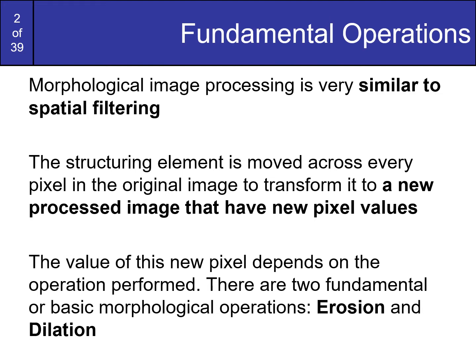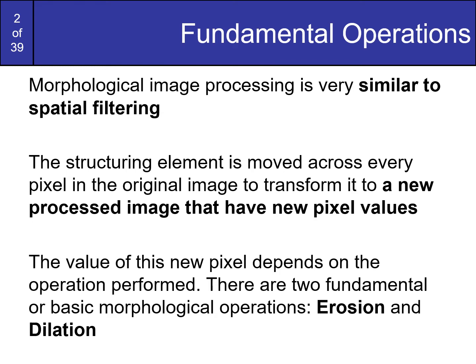Spatial filtering requires a mask which runs across or moves across the image and changes the value of the image accordingly. For instance, we have learned how the average filtering mask does its job, and then we have other masks as well, like Gaussian masks and so on.